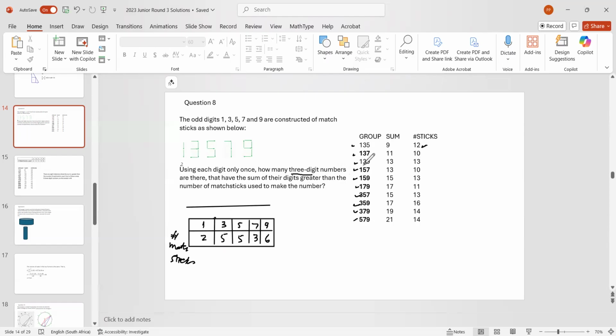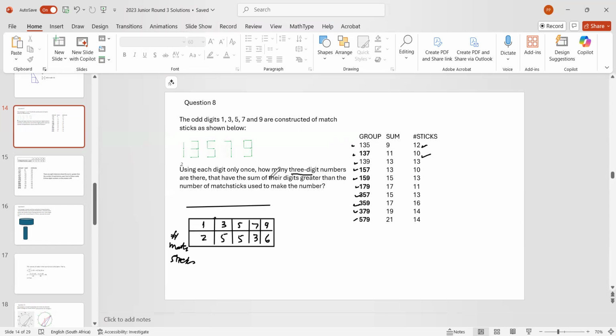In the same way for 137, the number of matchsticks used will be 2 plus 5 plus 3, and that makes 10. Like that, we worked out the number of matchsticks used for each number, and we worked out the sum of the digits of each of these numbers.